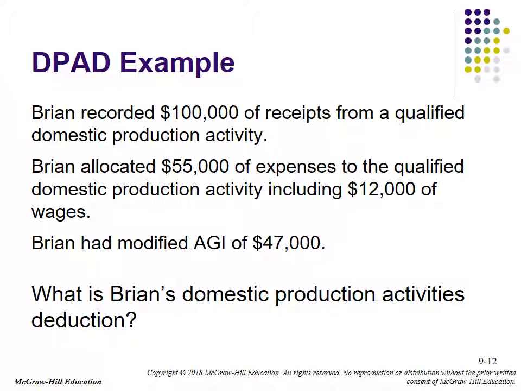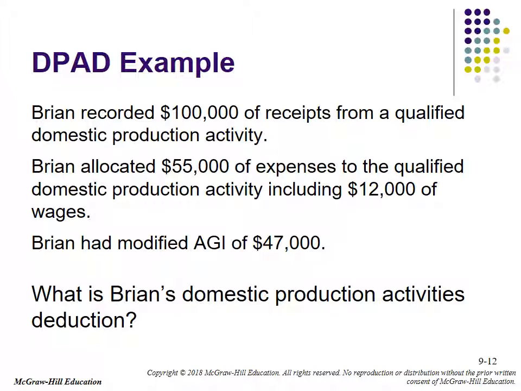So without going to the next slide, let's work through this. His QPAI would be the $100,000 in receipts minus the $55,000 in expenses, or $45,000. Compare that to the $47,000 of modified adjusted gross income.